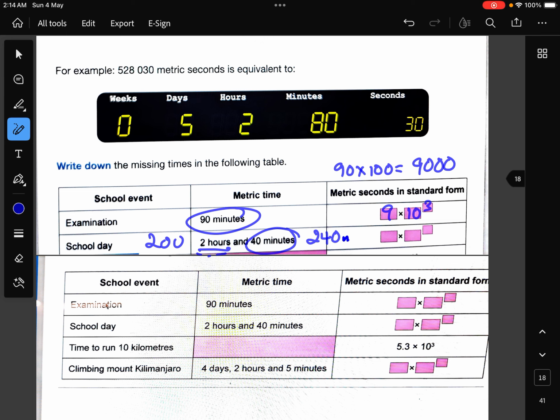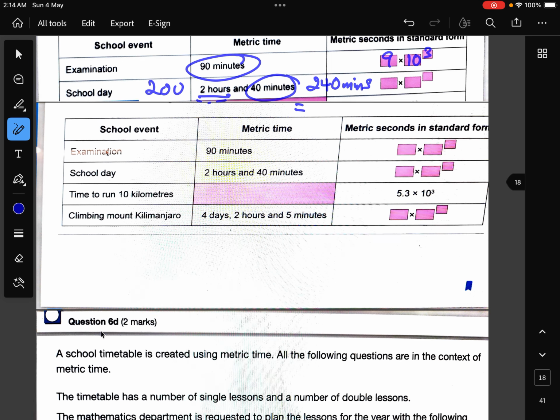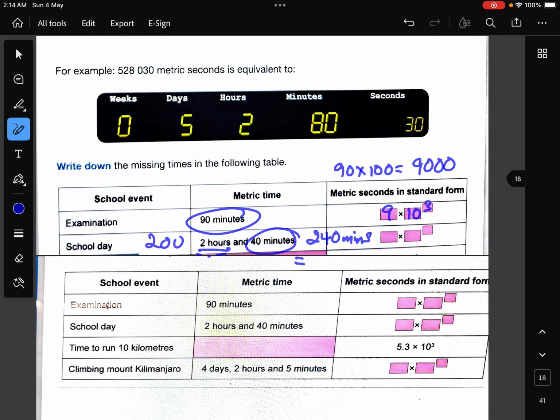And we have to convert 240 minutes into seconds, so we have to convert this by multiplying this by 100. So you're gonna get 240 times 100, which gives me 240,000. So that should give me basically 2.4 times 10 to the power of 5.